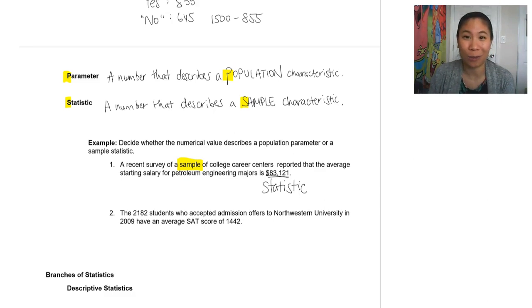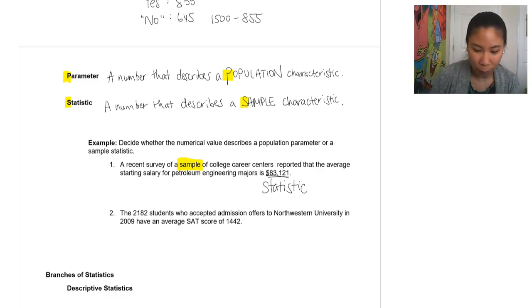That's not a statistic or a parameter because it's just describing a fact. It is the year 2009. Okay, so we ignore that one. We're either looking at the 2,182 students or the SAT score of 1442. So really, we're trying to see what data we gathered. So here, they should have been asking, what was your SAT score? So if that's the question, then the SAT score is going to be the number we're trying to describe as a parameter or a statistic here.